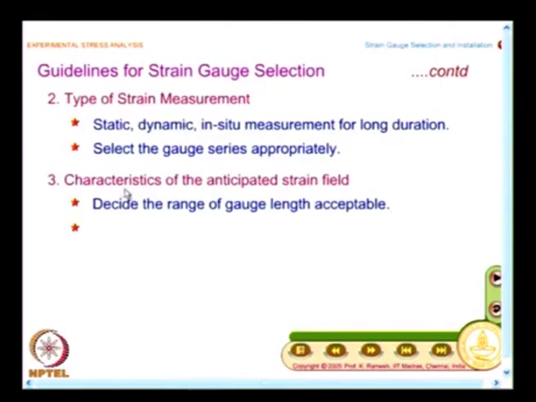And what are the characteristics of the anticipated strain field is the third step.